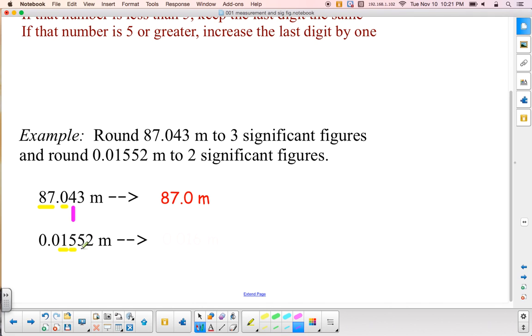I'm now going to look at the digit one space to the right of the last digit that I want to keep. That number is a 5. The rule says if it's 5 or greater, I'm going to round up. So rounded to 2 significant figures, I now have 0.016 meters.